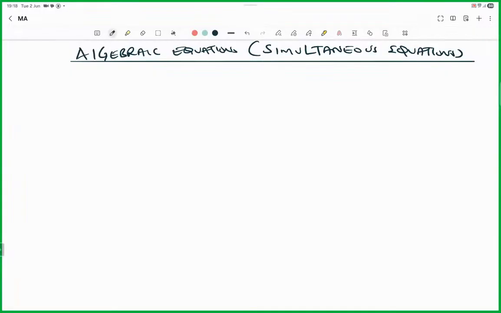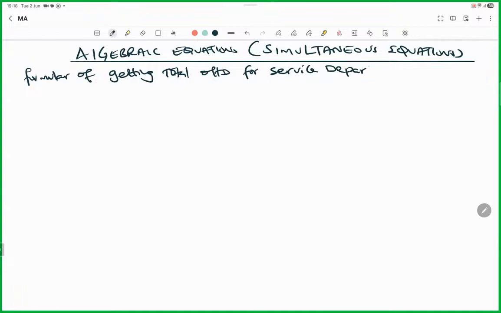Now, here, we're supposed to know the formula of getting total overhead for service departments. Once you understand this, then you're at home.